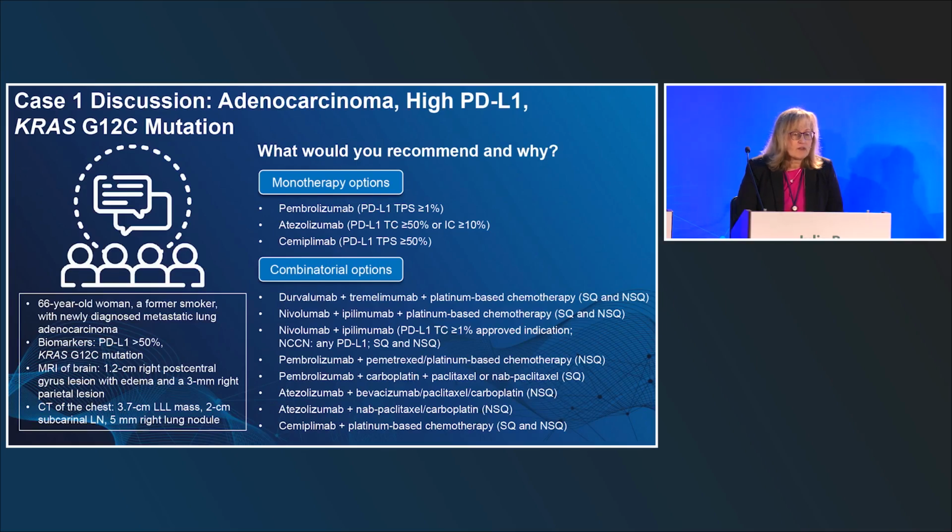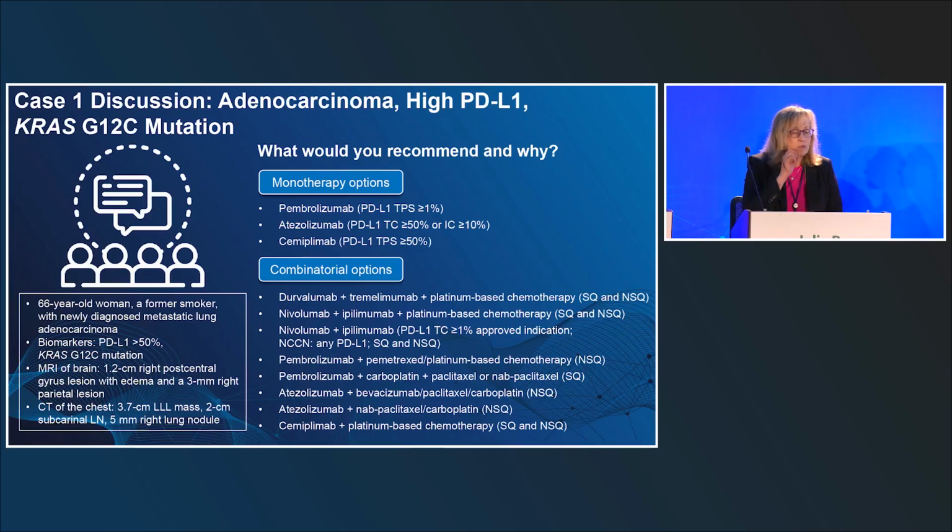So, for this case, KRAS G12C, former smoker, PDL1 high, with minimal symptoms, we just have a primary brain metastasis with lung disease only. So really not a ton of disease.